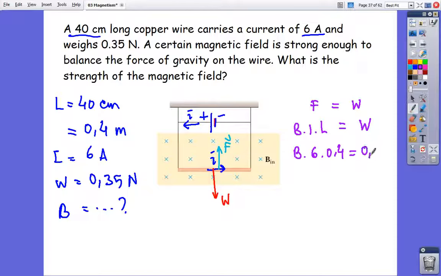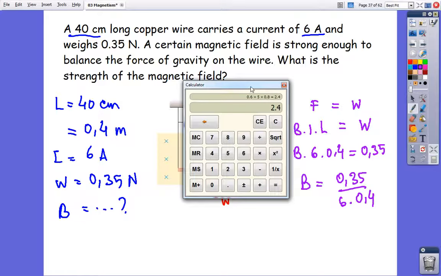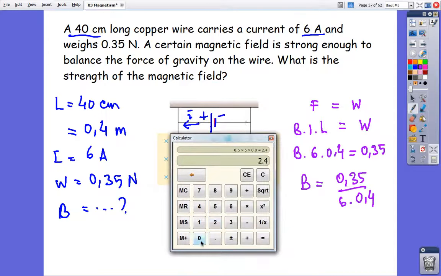The weight is 0.35. So to find B, we divide 0.35 by 6 times 0.4. We can use a calculator. 0.35 divided by 6 equals that, divided by 0.4 equals that. So it is 0.15 Tesla.